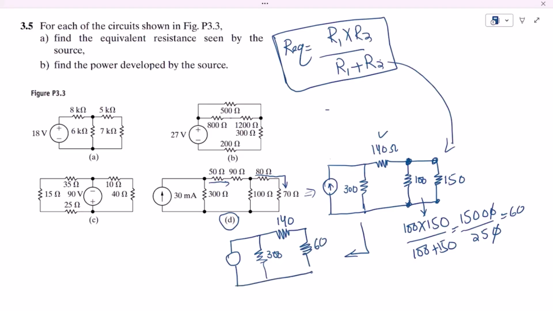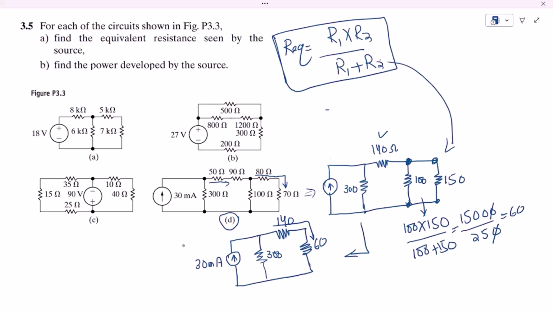So this is now the next version of this circuit, and the current source here is 30 milliamps. Again, considering the current flowing through the 140 and 60 ohm resistors, the same amount of current flows through them, so both of them are in series. In series the resistances will be added together.